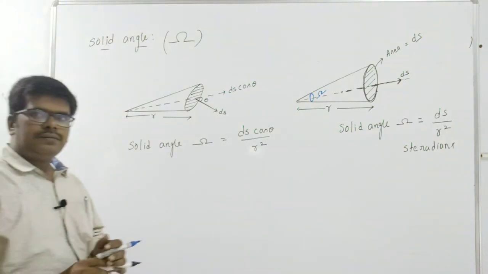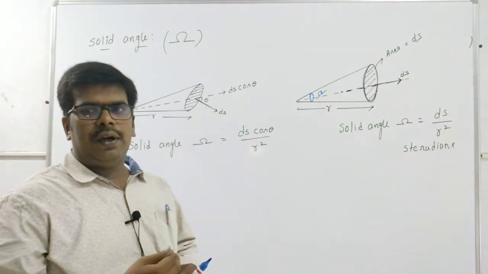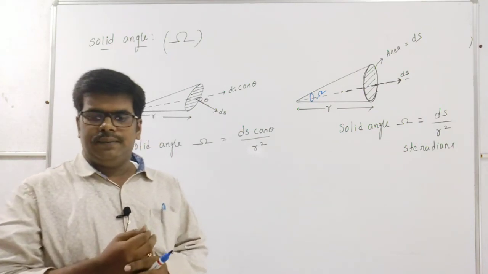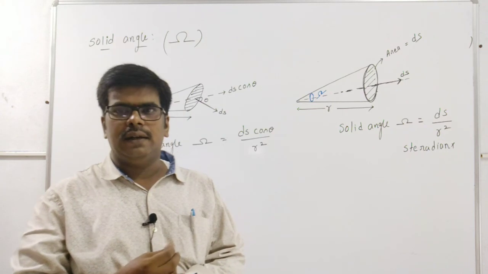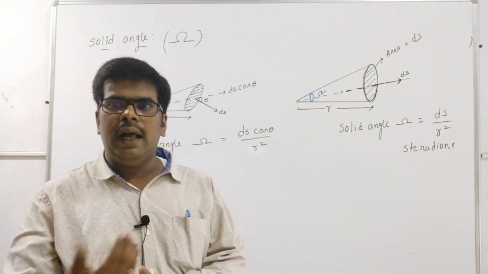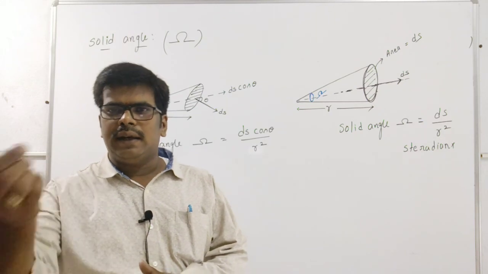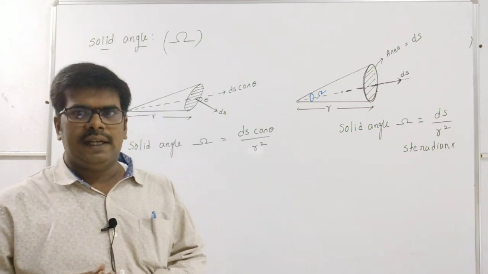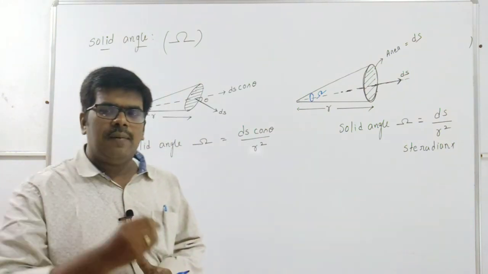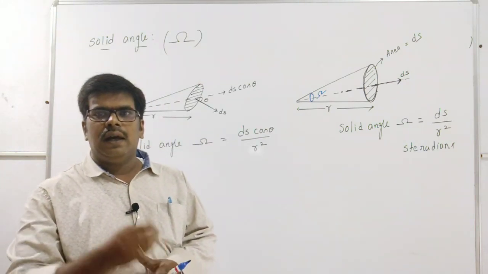So now the next important one is, suppose you take a circular disc, how much solid angle does that disc make at a certain distance from its center. Based on that, how much solid angle can a sphere make, and a part of the sphere.